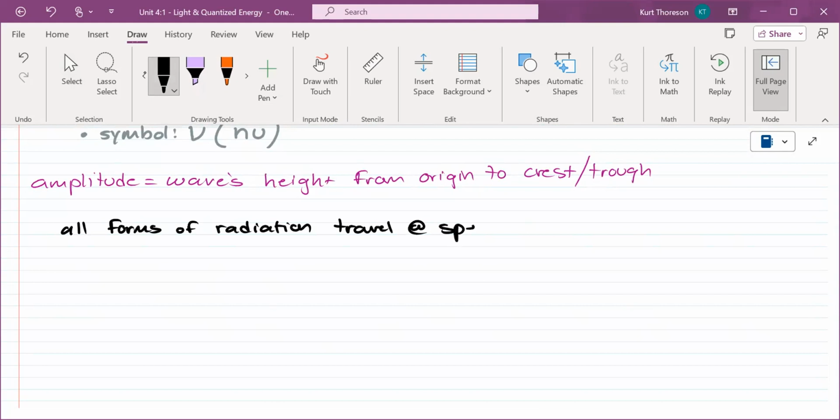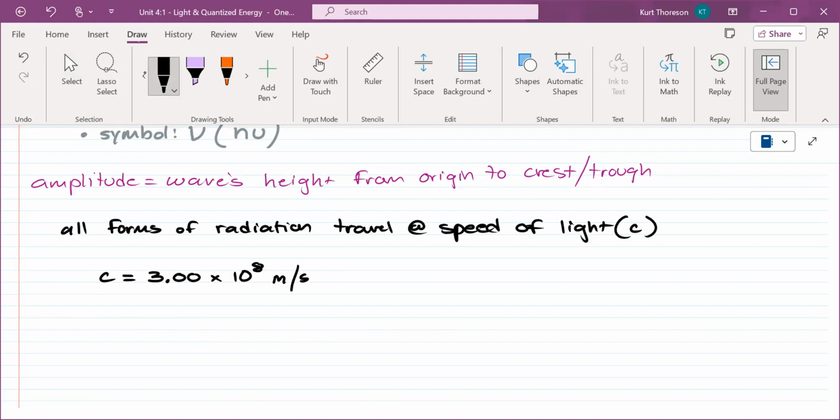Radiation travels at the speed of light, and the number for the speed of light is going to be represented by the letter C. You guys have to remember this number. C equals 3.00 times 10 to the 8th power, and this is going to be meters per second.